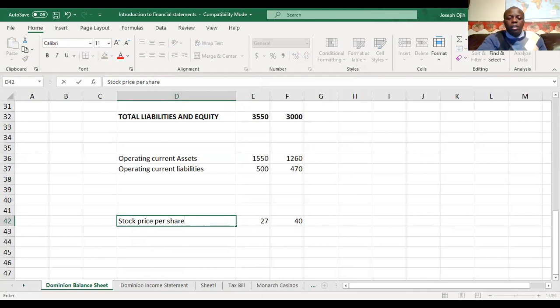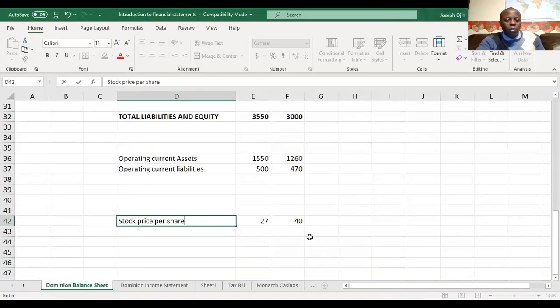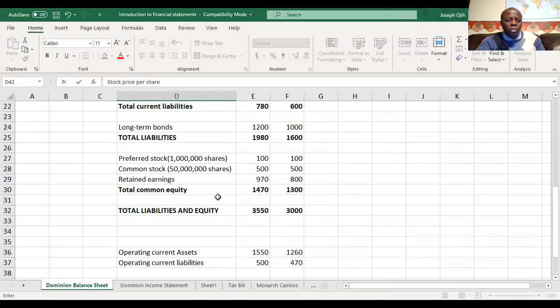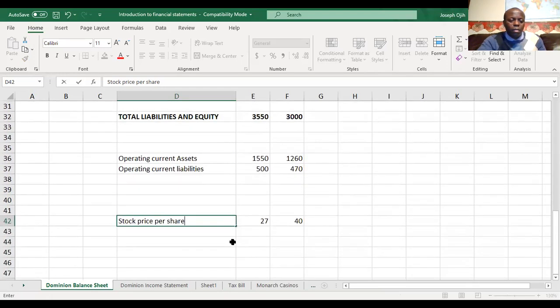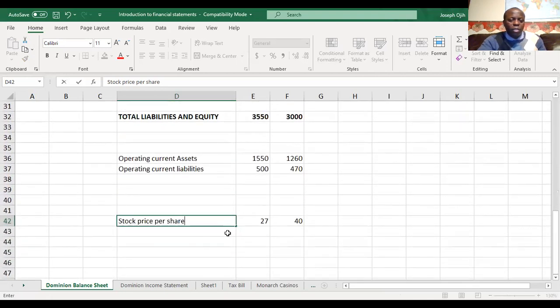And next thing we need is the shares outstanding. That we already have here in the balance sheet. See, 50 million shares outstanding.